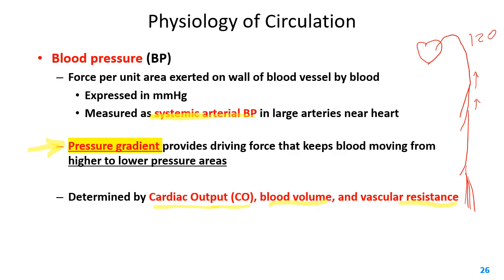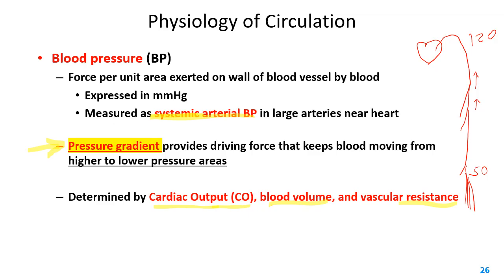So the pressure is always higher here, and by the time you get to your arterioles, let's say you have a blood pressure of around 50 millimeters of mercury. By the time you get to the capillaries, it's going to be even less.